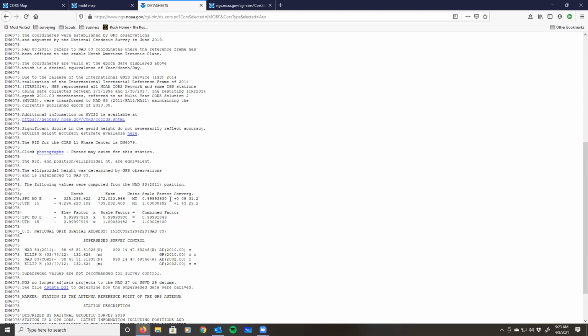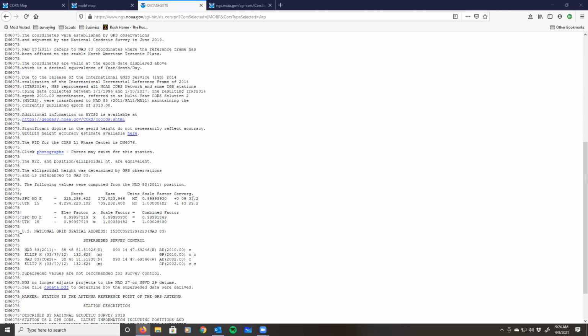Scale factor, we're going to get into scale factor in a little bit. 0.99993930 is the scale factor. Basically, if you have a ground distance, you multiply it by that scale factor to get a grid distance. Or if you have a grid distance, you divide by that scale factor to get a ground distance.